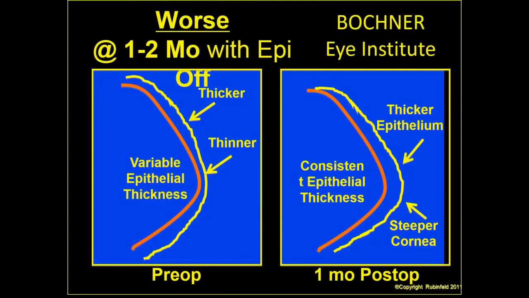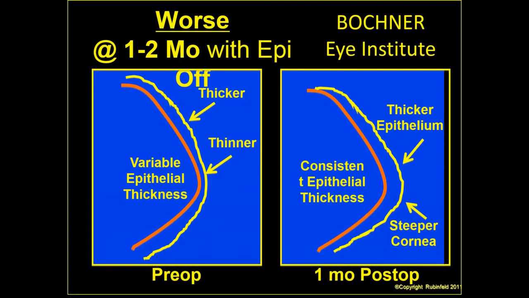And you can see this is a nice little map by Ray Stein, who just helped to show that pre-op, the epithelium, which is yellow, is relatively thin and very close to the orange, which is the apex of the stroma. And then when it grows back, it actually grows back a little bit steeper at first, and so the epithelium is actually steeper at first, and the whole cornea is steeper at 1 month.